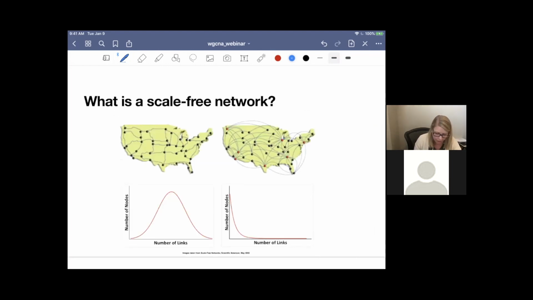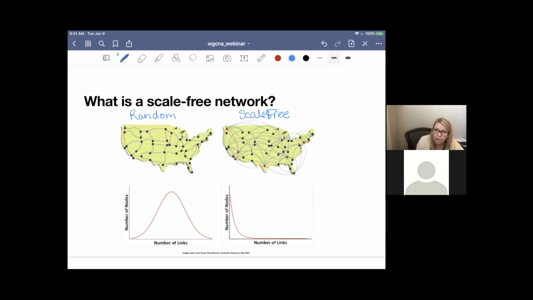So if you're not familiar with a scale-free network, we typically think of a dichotomy of this over here is what we call a random network, and this one on this side is a scale-free network. And so the big difference here is in a random network, all of your nodes have about the same number of connections.